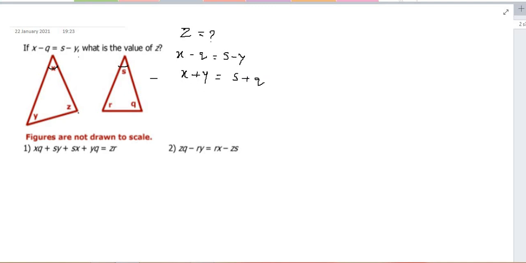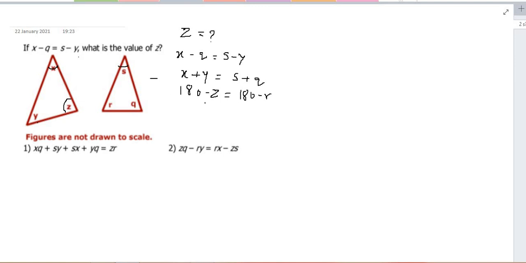Okay, now what is x plus y? If you look at this triangle, I can write x plus y as 180 minus z, because this is angle z. Similarly, in triangle SQR, s plus q can be written as 180 minus r, because the sum of the three angles in a triangle is 180.